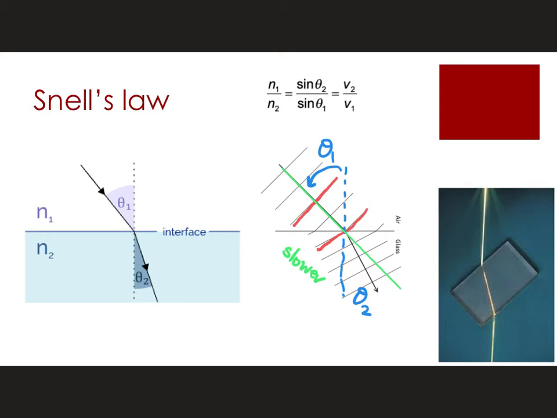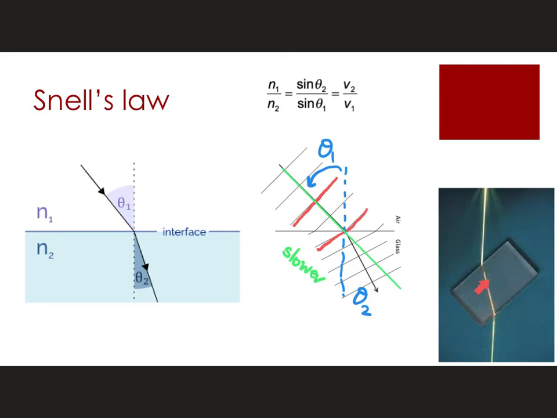One thing I want to point out is this picture over here, because a lot of the times we'll use a rectangular prism. In this case, you can see that we have an incident ray. It's going to hit the edge, and it's going to bend, again, in this case, towards the normal. Now, these two edges are parallel. So it's going to then hit the next boundary, and it's going to be bending away from the normal.